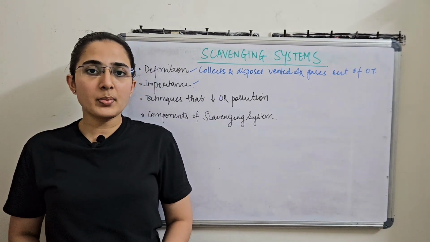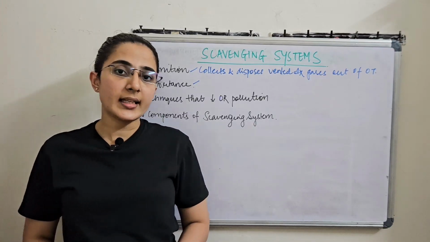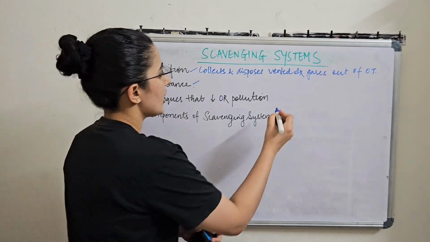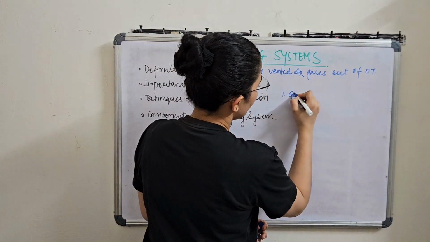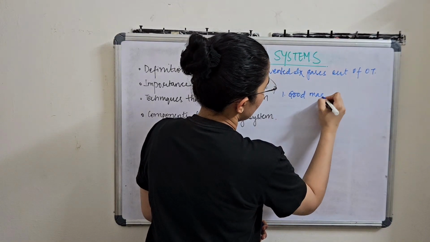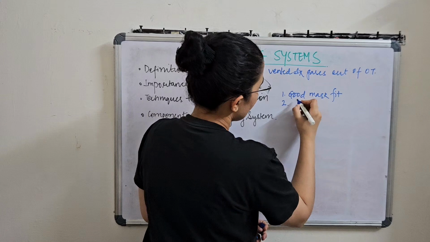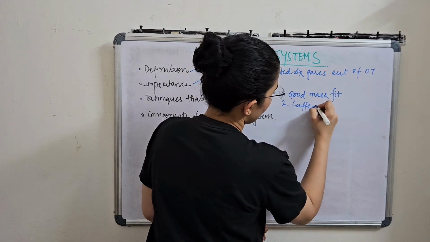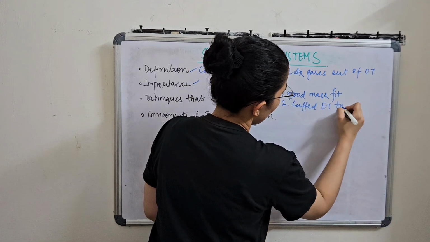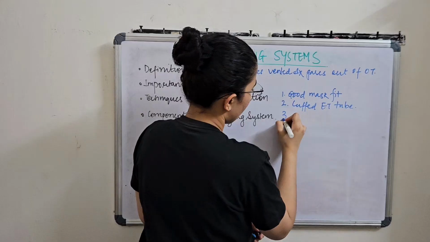So coming to the techniques that will help us to reduce this operation theatre pollution. Operation theatre pollution can be reduced with certain techniques, right? Which include having a good mask fit around the patient's face. Second is using a cuffed endotracheal tube rather than an uncuffed tube.